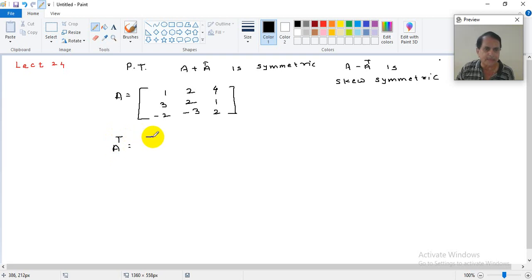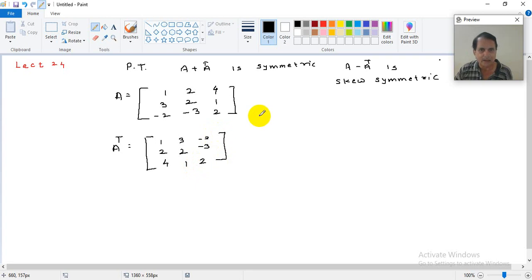A transpose is very simple. First you have to write first row as first column, so it is 1 2 4, second row as second column, so it is 3 2 1, and third row as third column, so it is minus 2 minus 3 and 2.